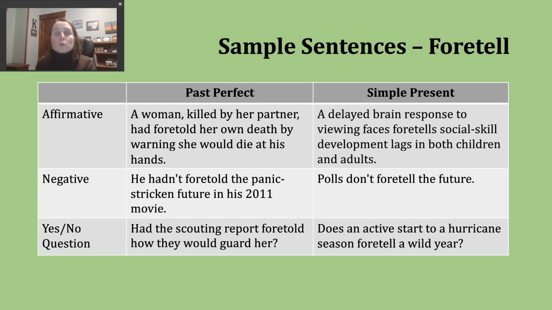A delayed brain response to viewing faces foretells social skill development lags in both children and adults. So this sentence was taken, and I maybe did a little bit of editing to keep it a bit shorter here, but it was borrowed from a research paper that was discussing ways that autism could be detected earlier in individuals.